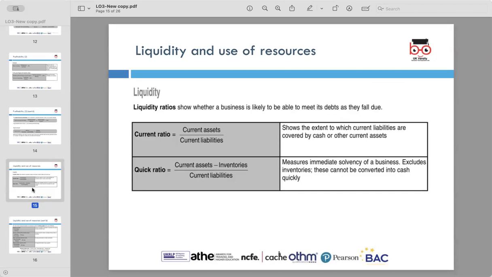This ratio focuses on assets that can be quickly converted into cash to cover immediate liabilities.